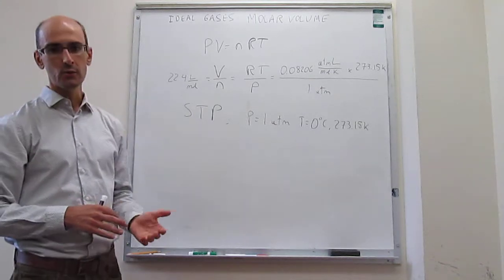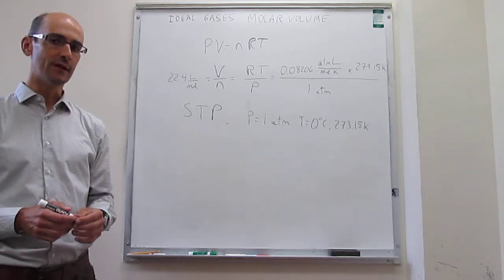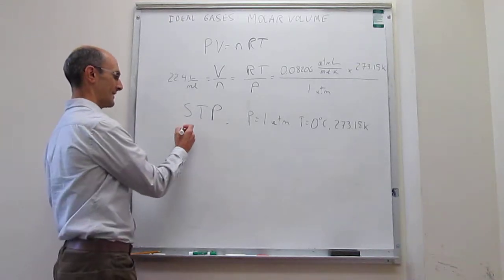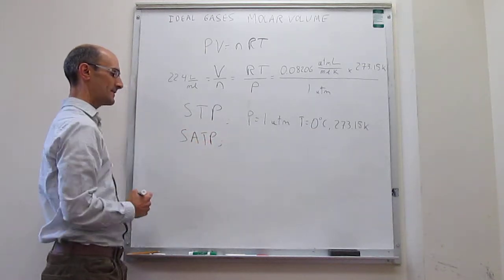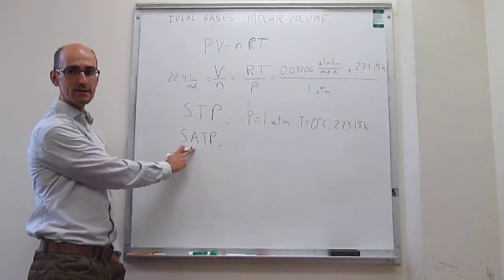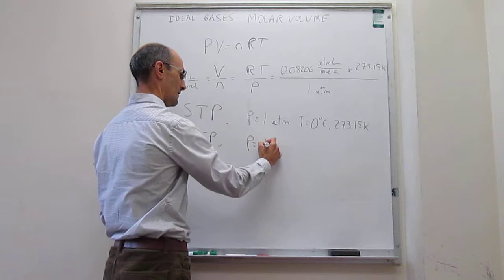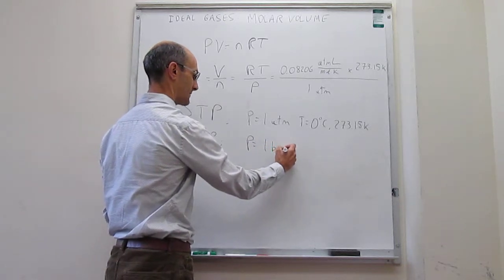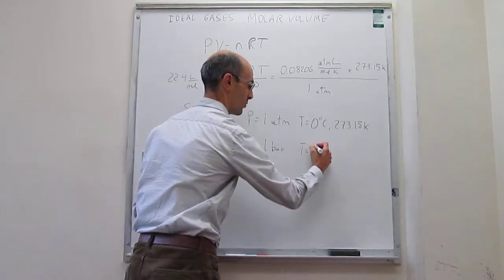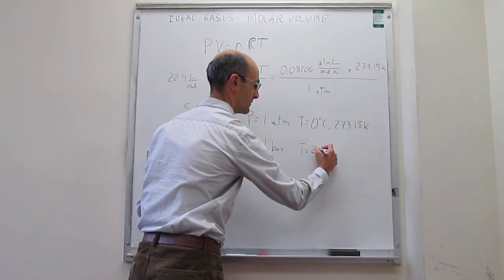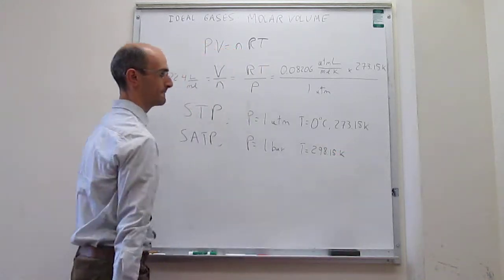To close up this video, we're going to recalculate this at a slightly different set of temperature and pressure conditions, which is called SATP. SATP means standard ambient temperature and pressure conditions, which are slightly different from here. The pressure will be 1 bar exactly, and the temperature is going to be ambient temperature, which is 25 Celsius or 298.15 Kelvin.